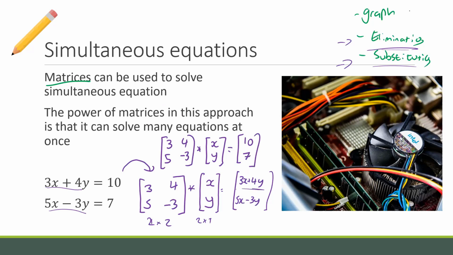Because this here equals 10, because this equals 10. So that's how I can turn an equation into a matrix. That's our first step. If we want to solve simultaneous equations, we need to know how to put these things into a matrix.